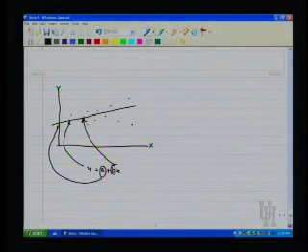B indicates the amount of change in y per unit change in x. And we'll work through some examples of this.